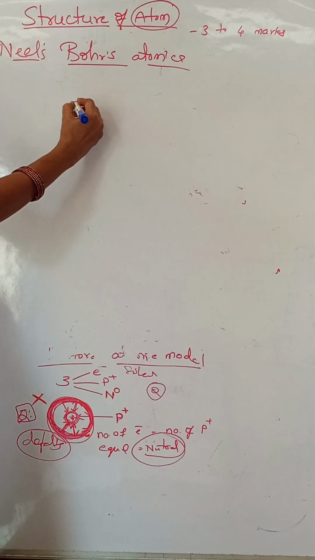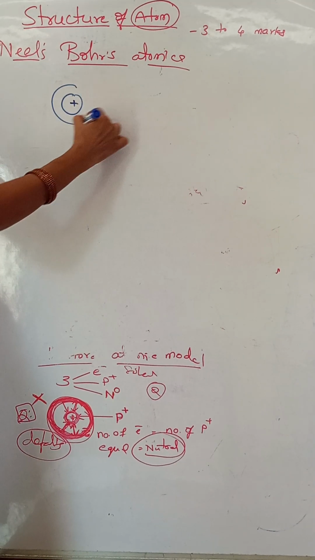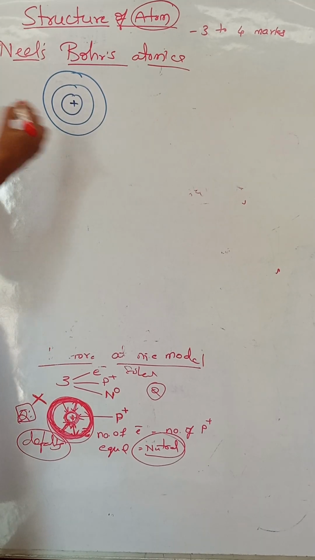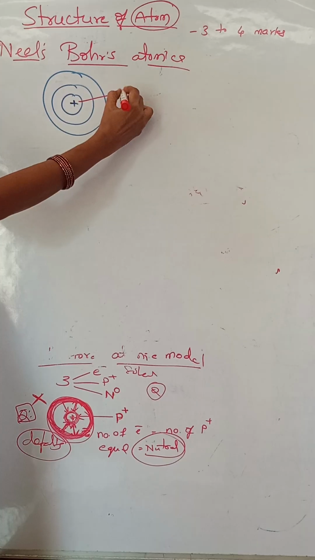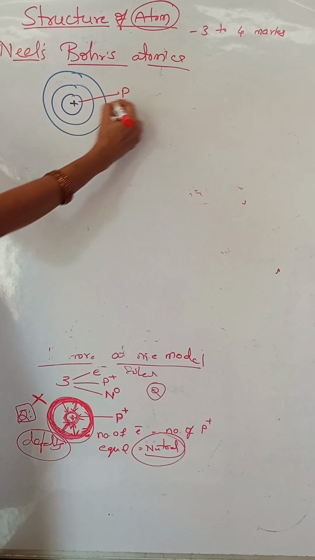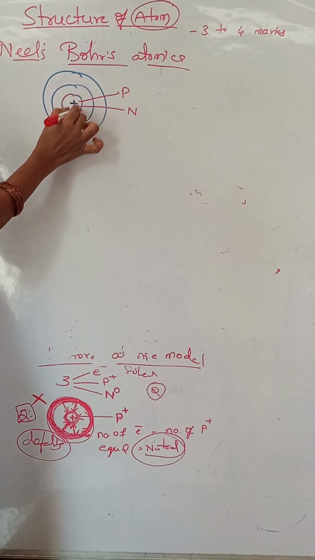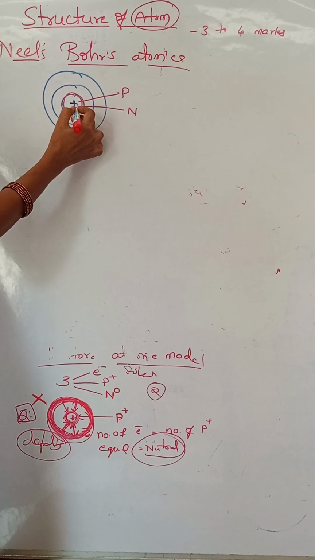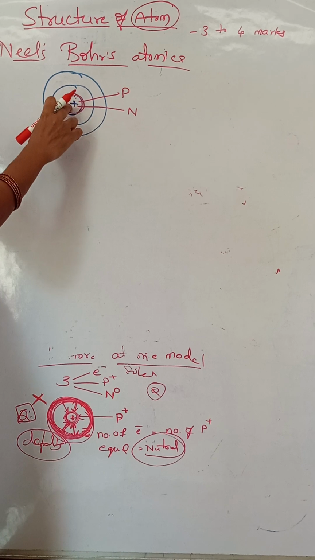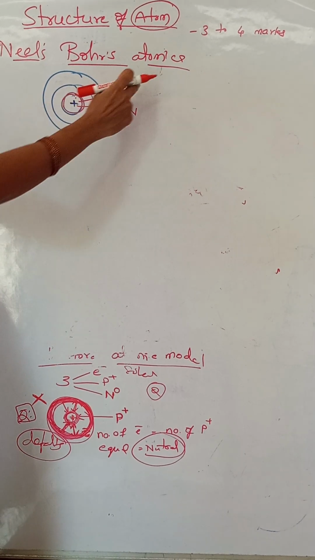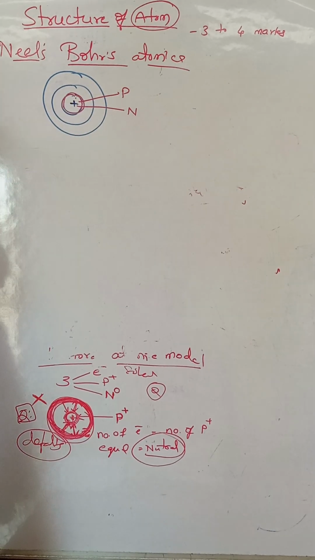Bohr says that protons and neutrons are present in the center of the atom. This is called the nucleus. These two are present in the center, that's why they are called nucleons.